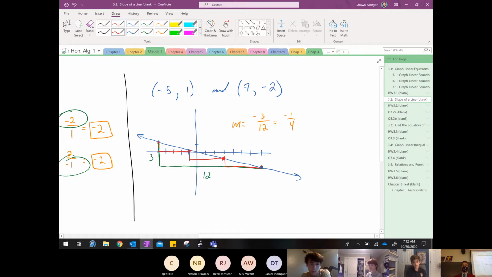You know what I mean? So what we're talking about with simplifying the slope is we had a big green triangle, but we could have got to the same place with 3 small little red triangles. That's what you're doing when you're simplifying the slope.